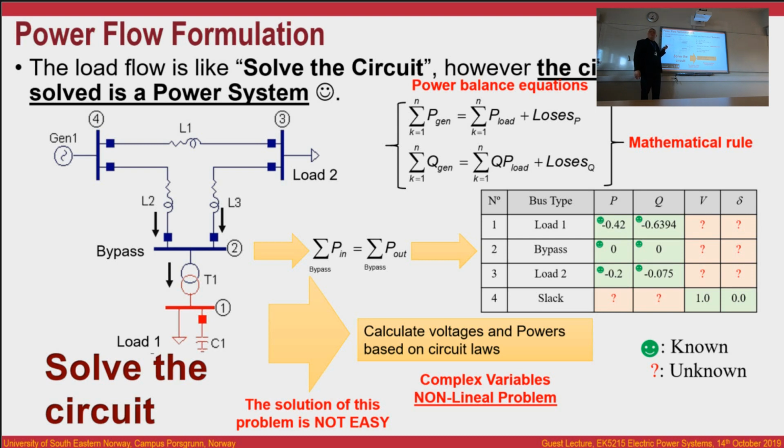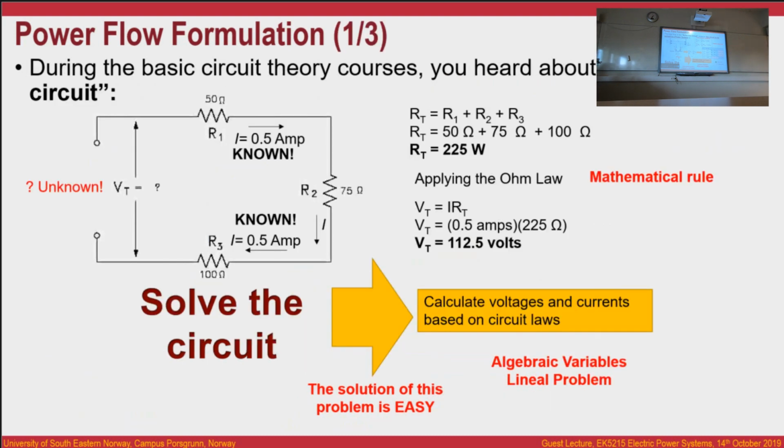Do you understand that for every single bus bar we have 4 variables? 2 of them are known, 2 of them are unknown. Remember that. In the previous circuit, here I have 2 known. I can calculate the third one.